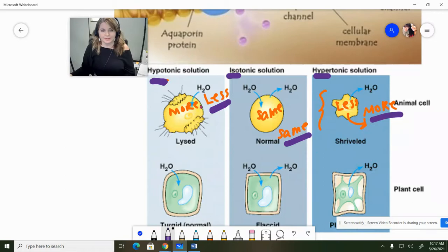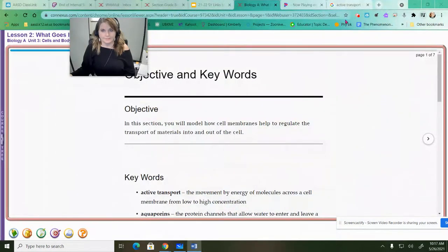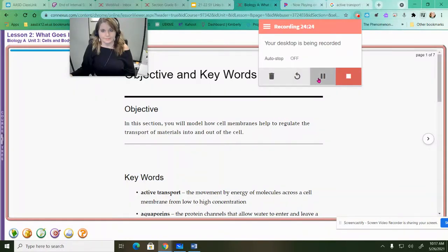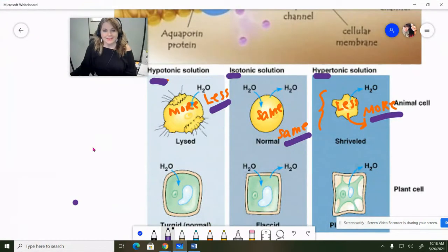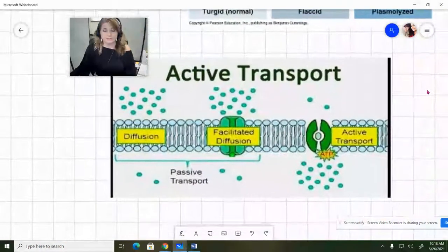It actually looks like it's moving from less to more, but again, we're moving from an area of high amount of water to low amount of water, following those concentration gradients, so it's not taking any additional energy.